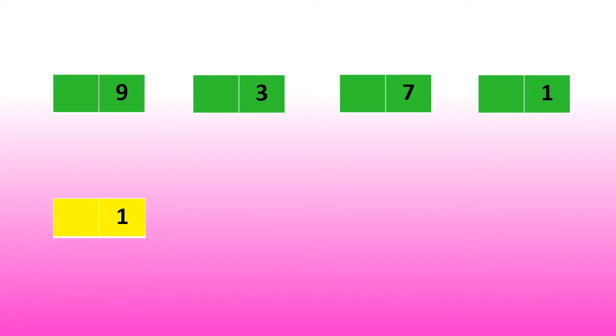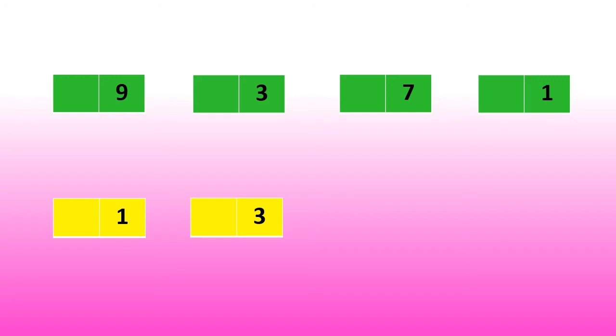Now, we are left with 3 numbers, 9, 3 and 7. So, which is the smallest number out of these 3? That is correct. Number 3 is the smallest number out of these 3. So, it will come next. Now, we are left with 2 numbers, 9 and 7.